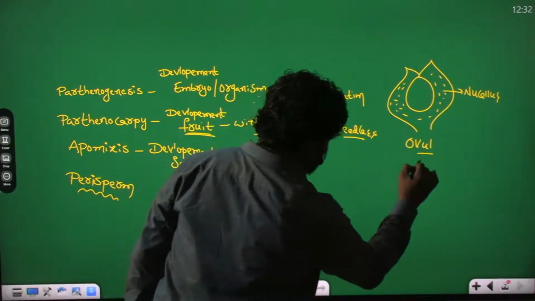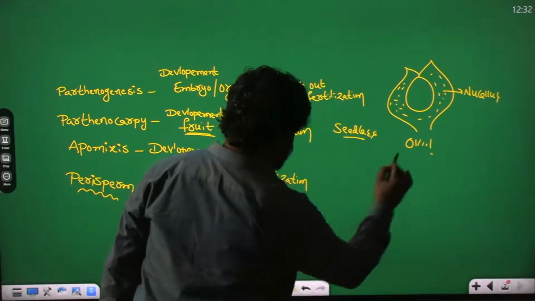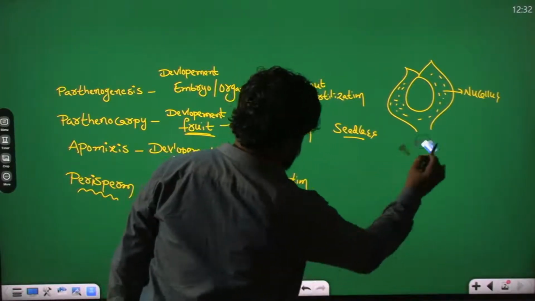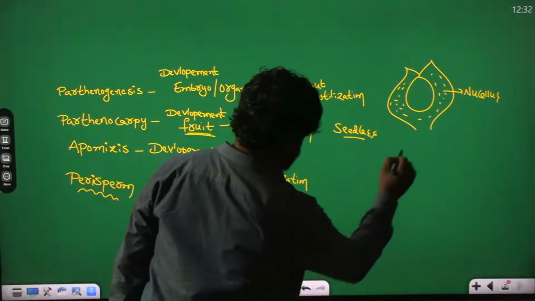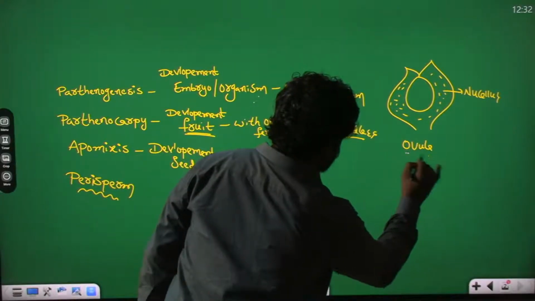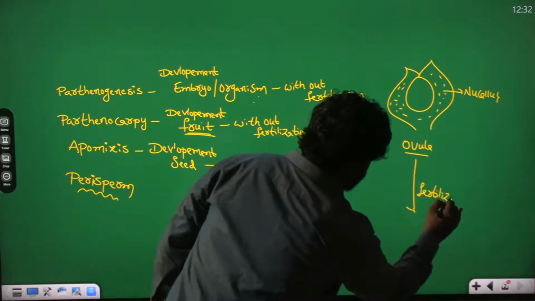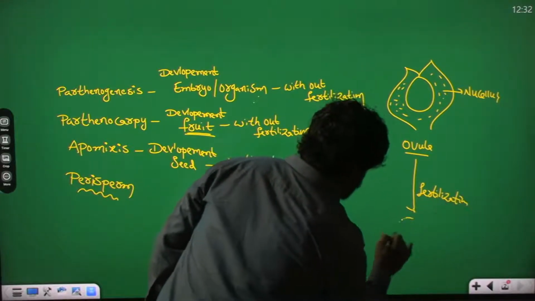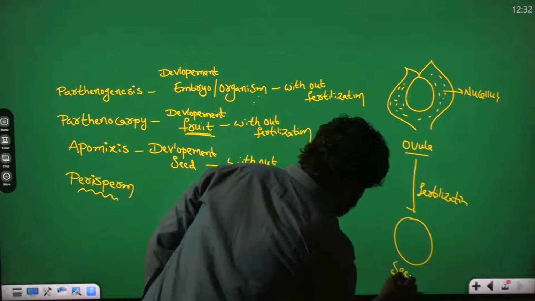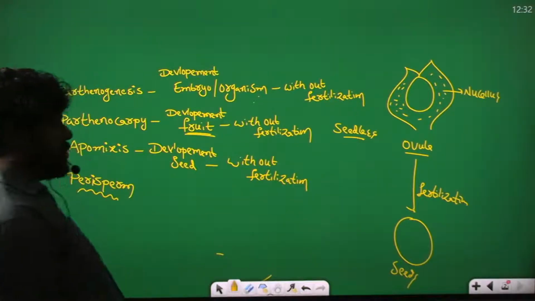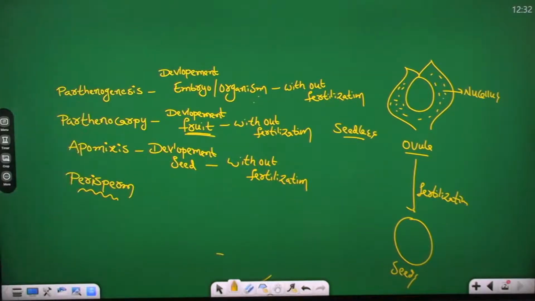Imagine this is the ovule. After the process of fertilization, these ovules are developed into seed, generally. After fertilization, ovules develop into seed and the ovary develops into fruit, that we know.